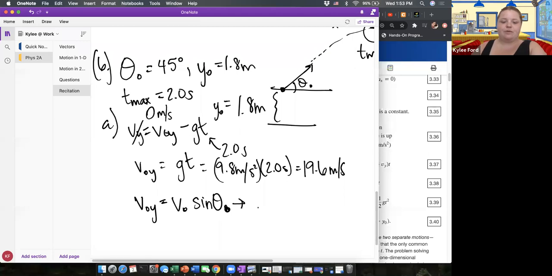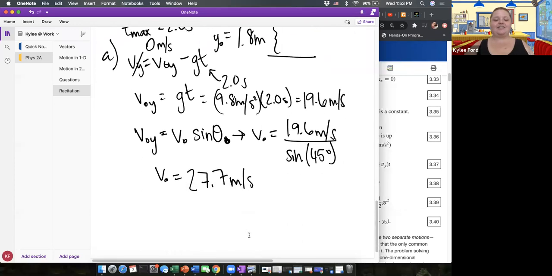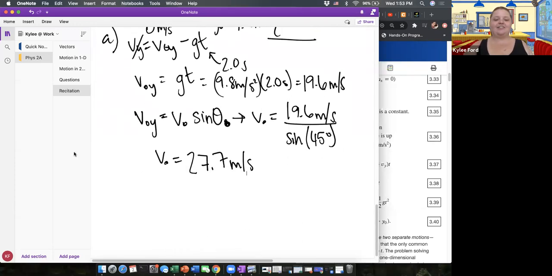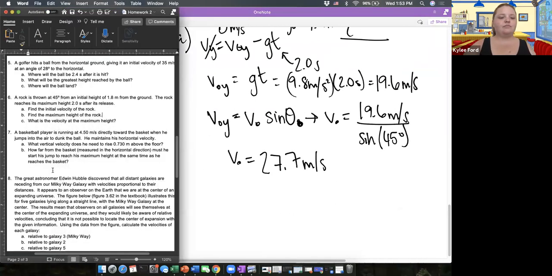My V naught is going to equal 19.6 meters per second, divided by the sine of theta naught, which is 45 degrees. So my initial velocity now is going to be 7.7 meters per second. So that is my initial velocity of that rock.